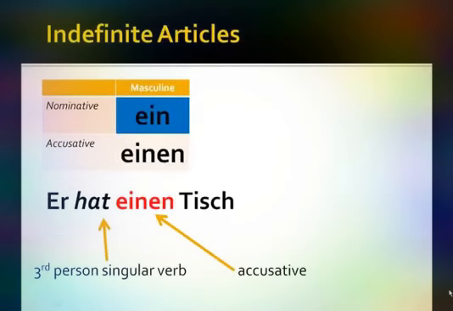So, as a way to summarize, the basic stem of the indefinite article is ein. Now, ein will modify a noun. This noun will either be masculine, feminine, or neuter. It'll either be in the nominative or accusative case. Based on its position in this chart, is it masculine, feminine, neuter? Is it accusative or nominative?